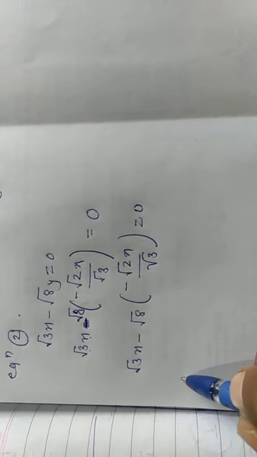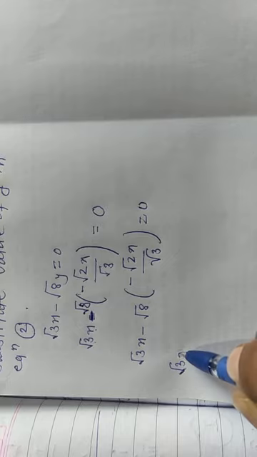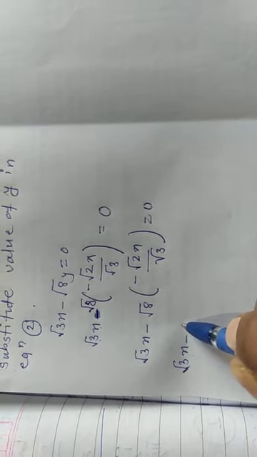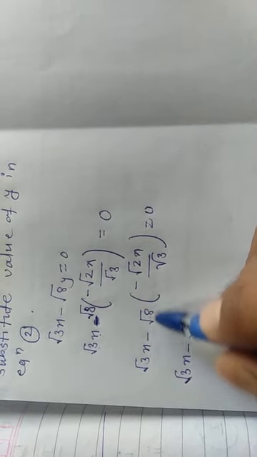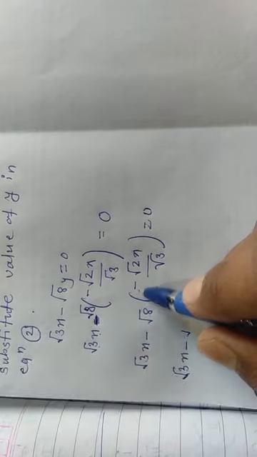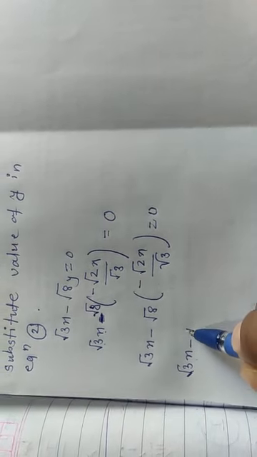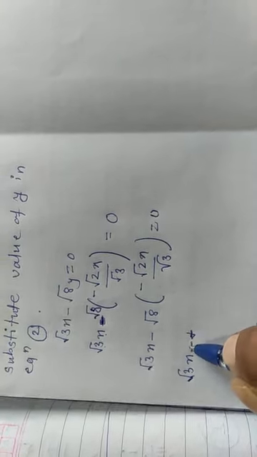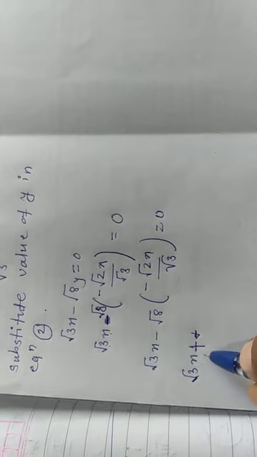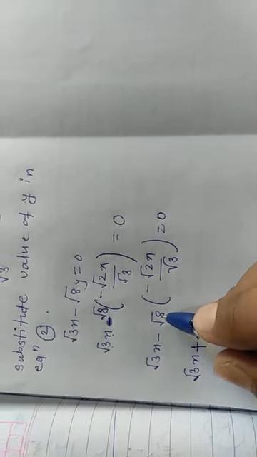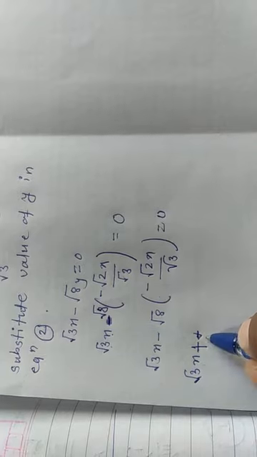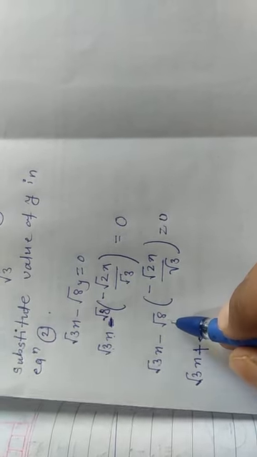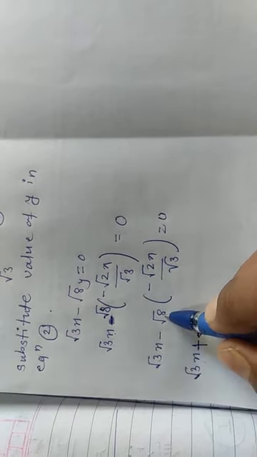Now here this we can write as it is, root 3x minus, now this root 8 we can multiply inside, this minus sign and this minus sign will get plus sign, minus into minus plus. So that's why I will write here this sign should be plus. This root 8 into root 2, what we'll get?